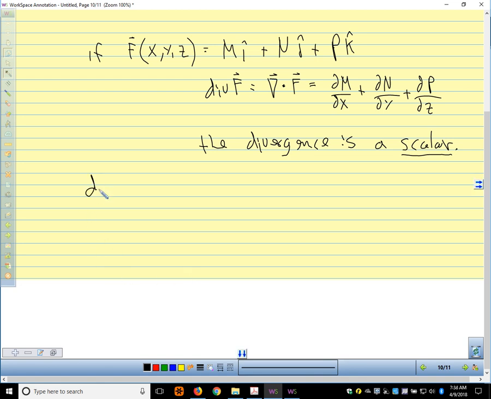and the divergence of the curl is always equal to 0. So we're saying del dot del cross f is 0. Not a vector 0, it's a scalar.